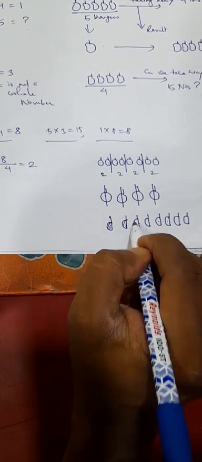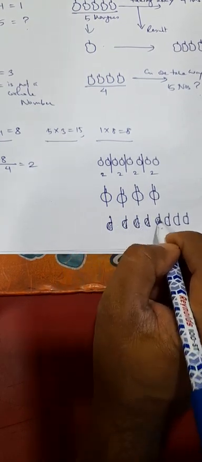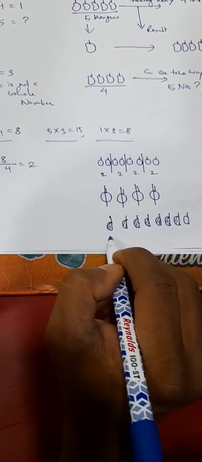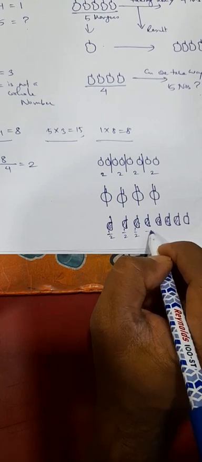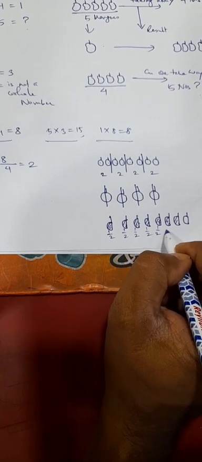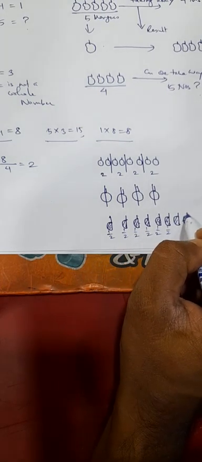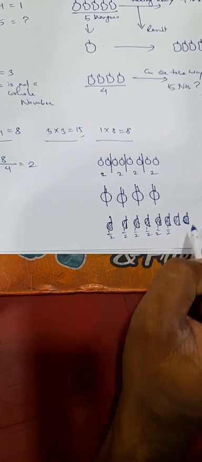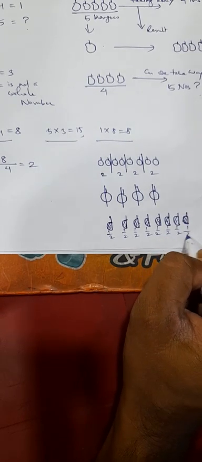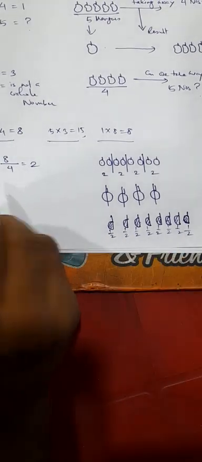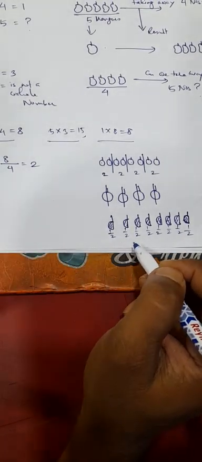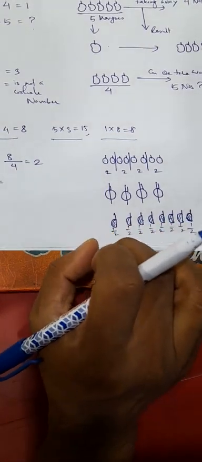Now you see each part is only a half apple. All are halves. That means 4 divided by 8 is not a whole number. You got a half apple, not a whole apple.